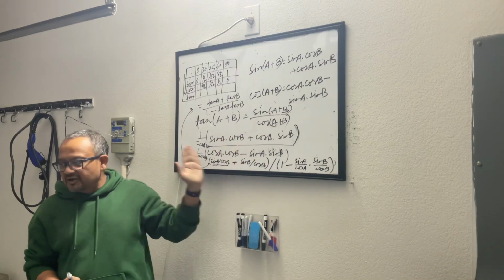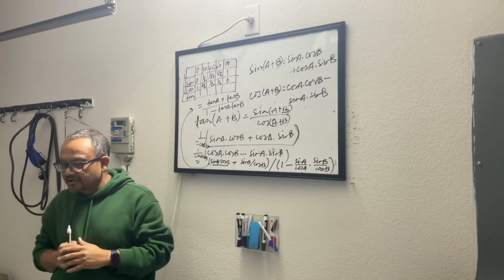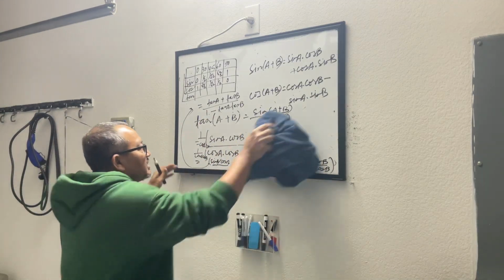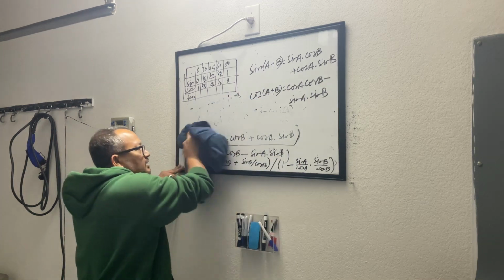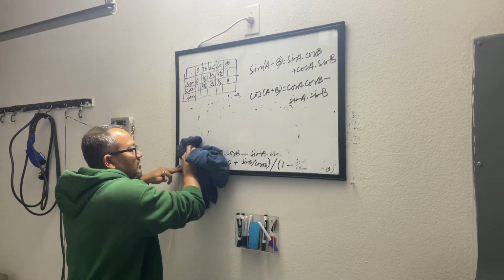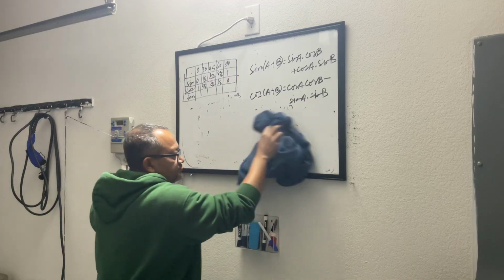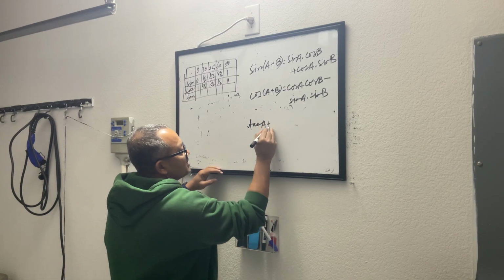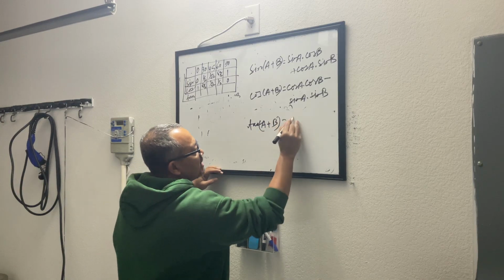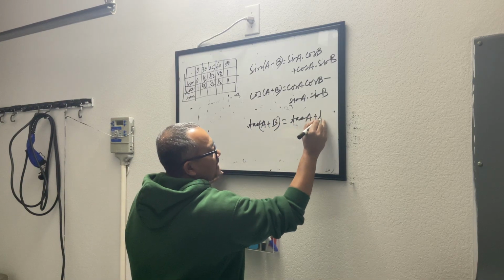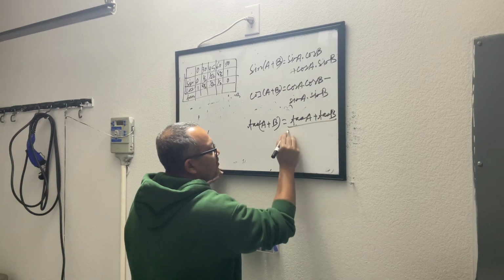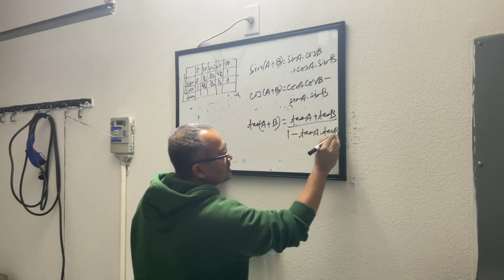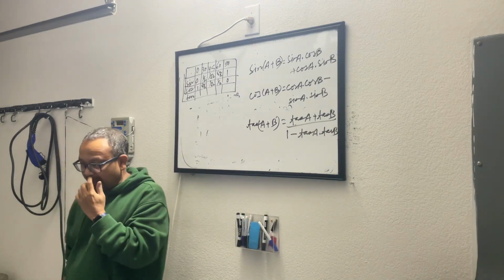And then we divide every term with cos of A, cos of B in the numerator and denominator to get this third formula, which says tan of A plus B equals tan of A plus tan of B divided by 1 minus tan of A, tan of B. Yeah?